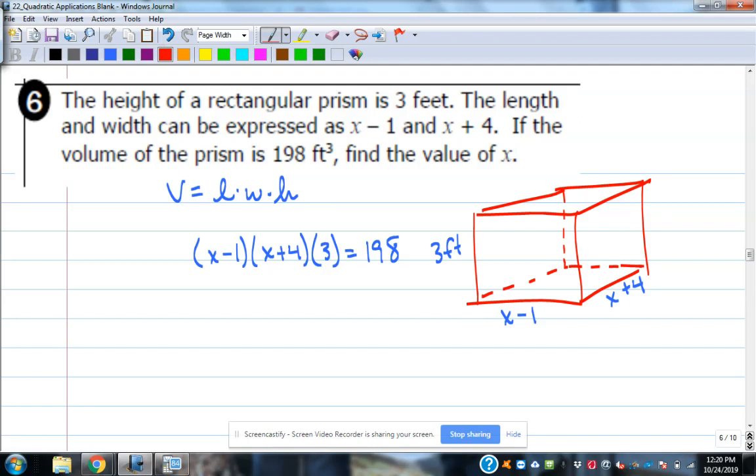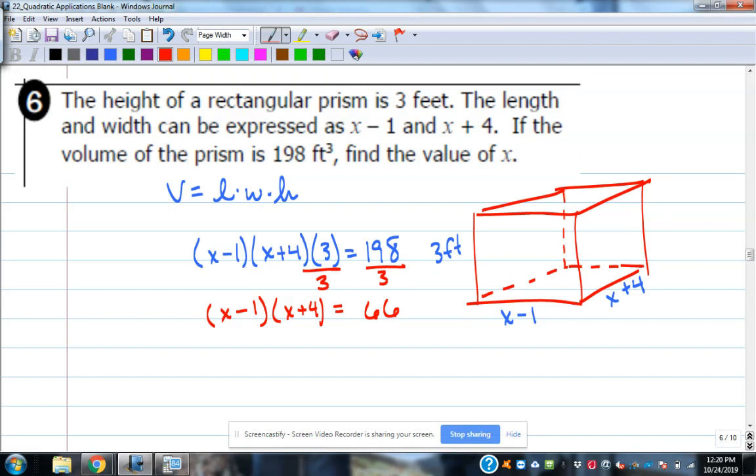What can I do with that 3? I can divide it because 198 is divisible by 3, and that'll help me a little bit. So x minus 1 times x plus 4 equals 66. Is that right?